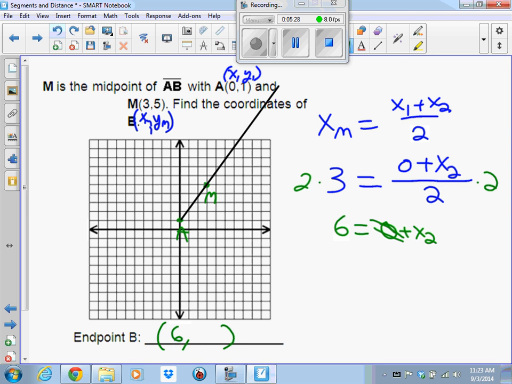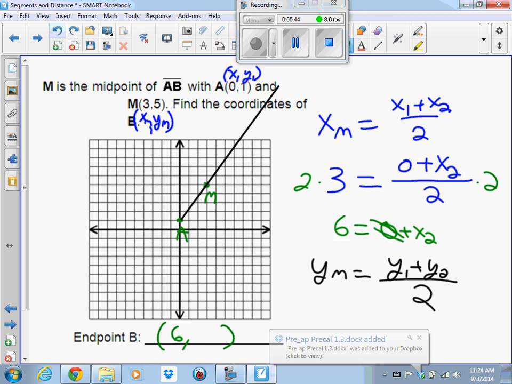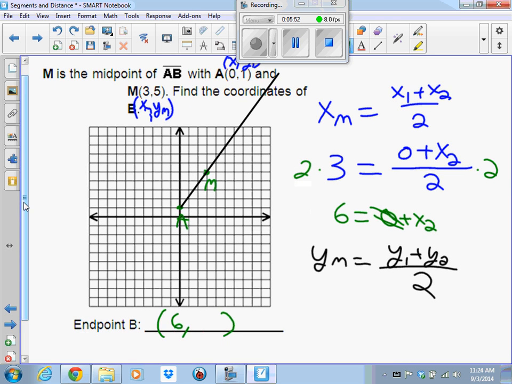Now we do the same thing for y. The y of my midpoint is equal to y1 plus y2 divided by 2. We're going to substitute everything we know. y1 is 1, plus y2 over 2, and y sub m, the y value of my midpoint, is 5.